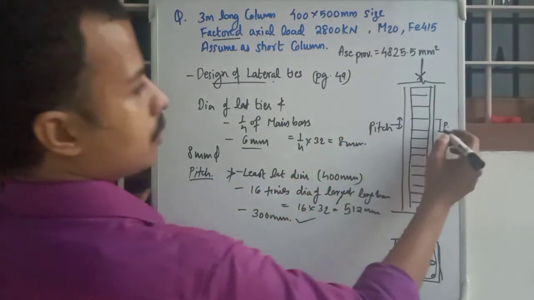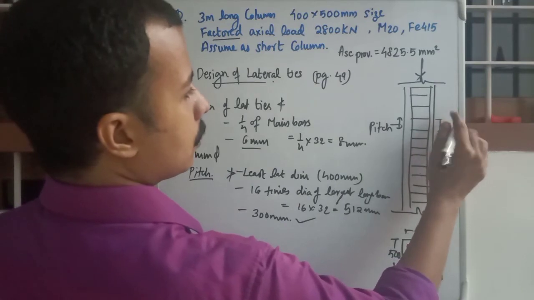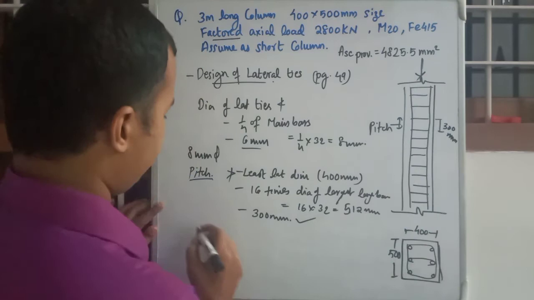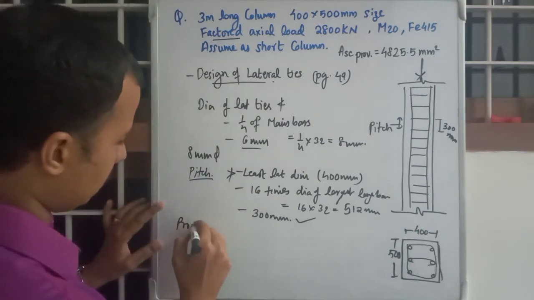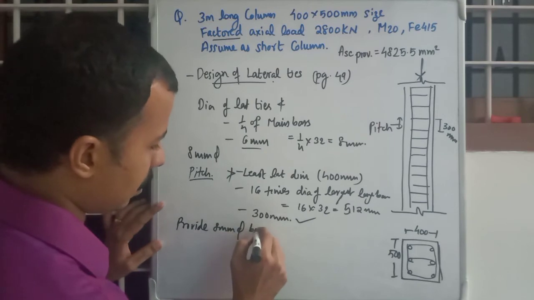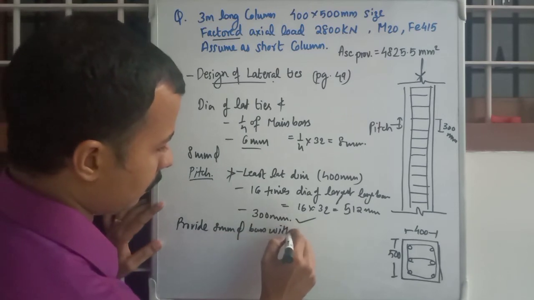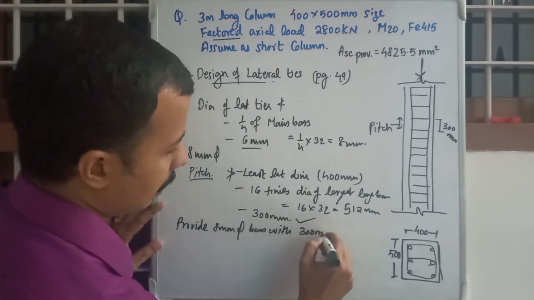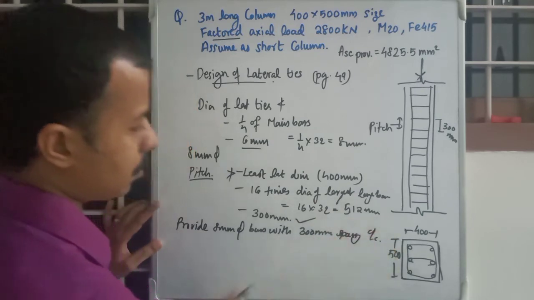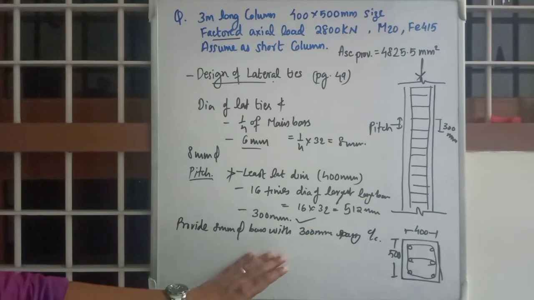So provide 8 mm diameter bars with 300 mm spacing center to center, that is the distribution of lateral ties.